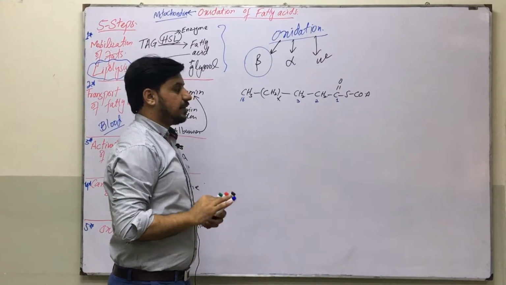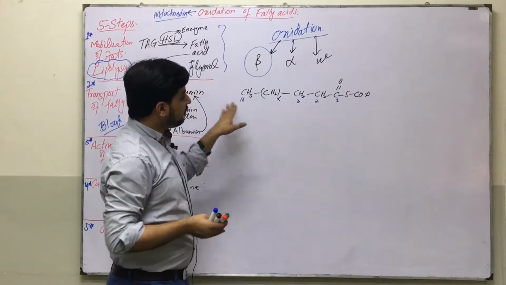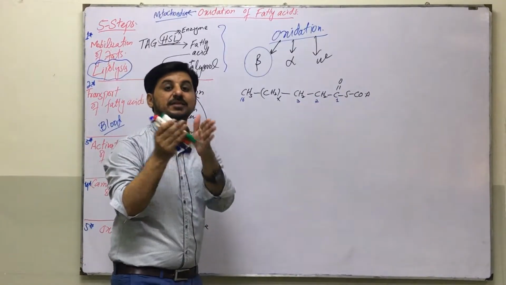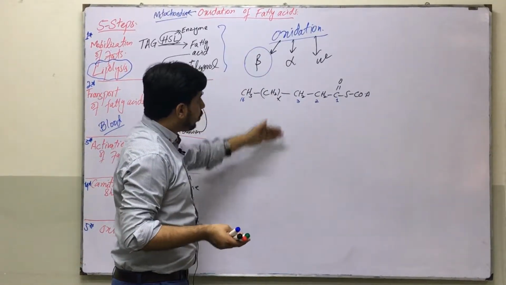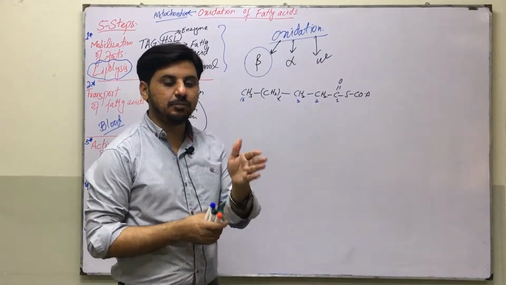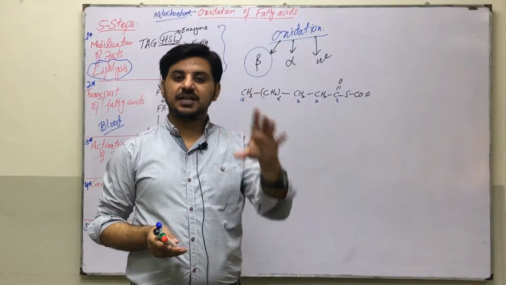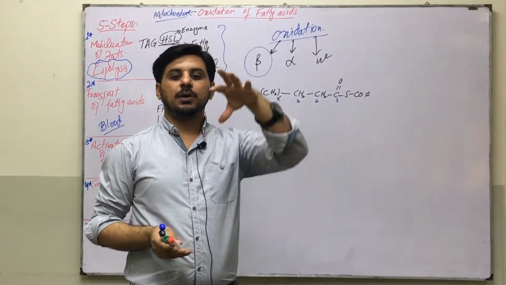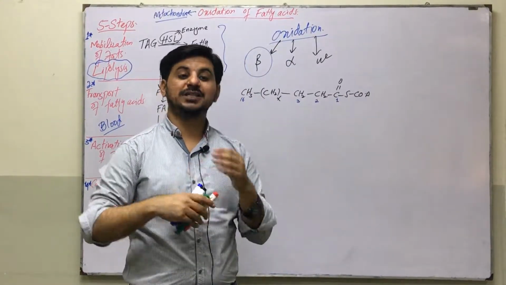The splitting of this fatty acyl CoA molecule will take place at the beta carbon. With each beta oxidative pathway, there will be removal of 2 carbons; in other words, our fatty acyl molecule will become 2 carbons shorter than before.